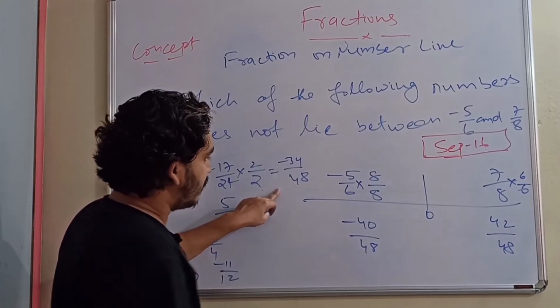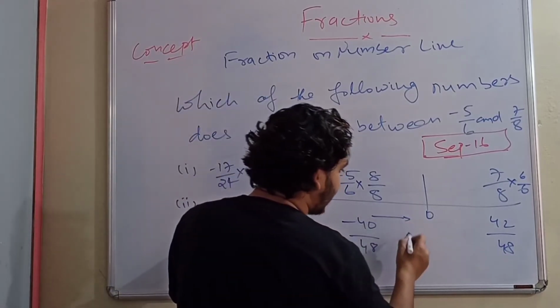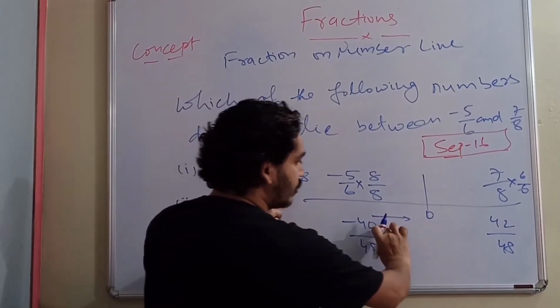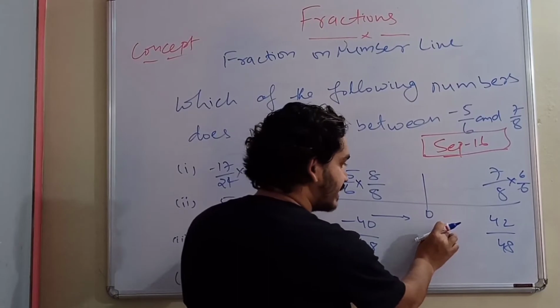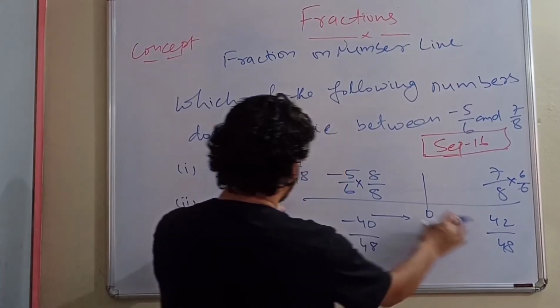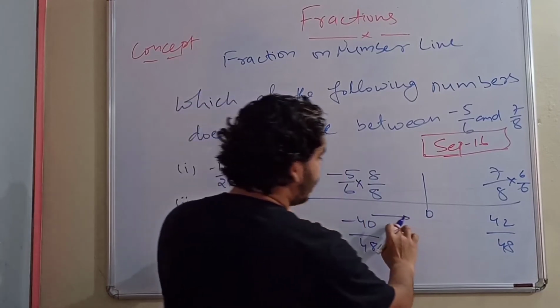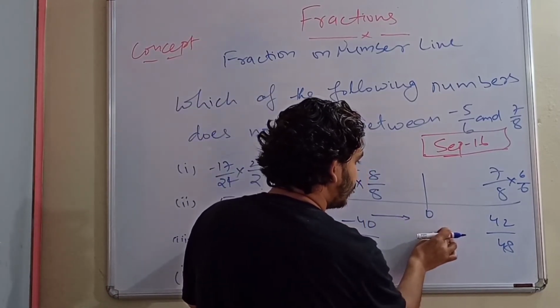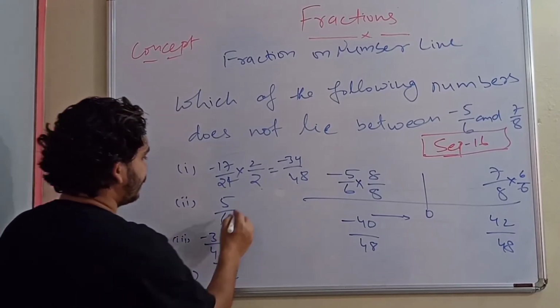If you simply see the first option only, our number on the right has to decrease. Means what? Minus 42, minus 39, minus 38, minus 37. Similarly, it has to decrease. Somewhere minus 34 will be in the middle only. Somewhere here only.